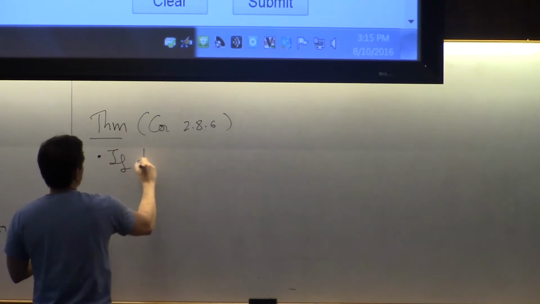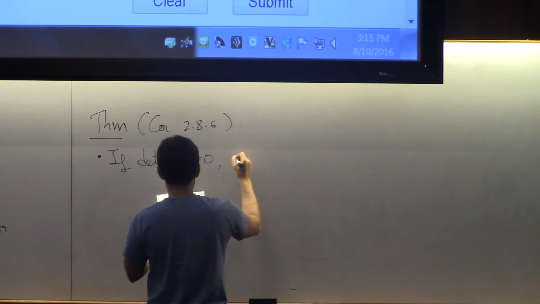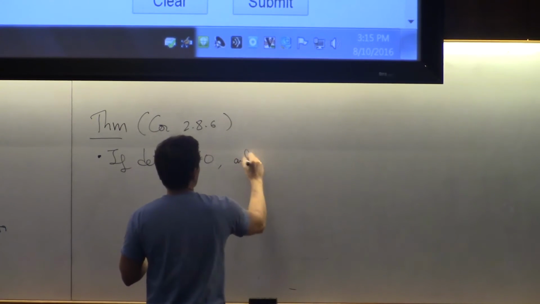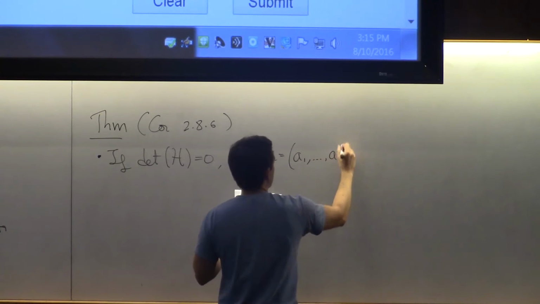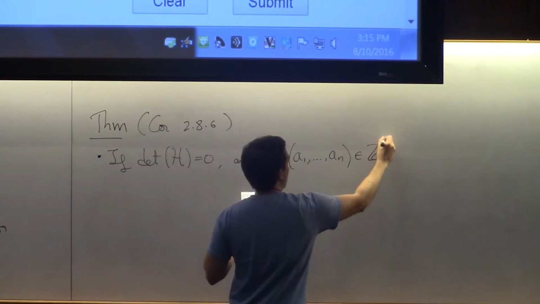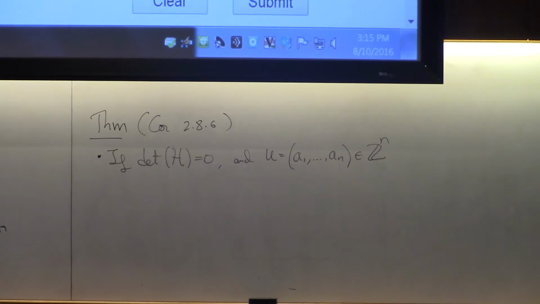So if the determinant of H is 0, and you have a vector A1 through AN that is a vector of integers, these matrices are real, okay? There are real numbers in that matrix.